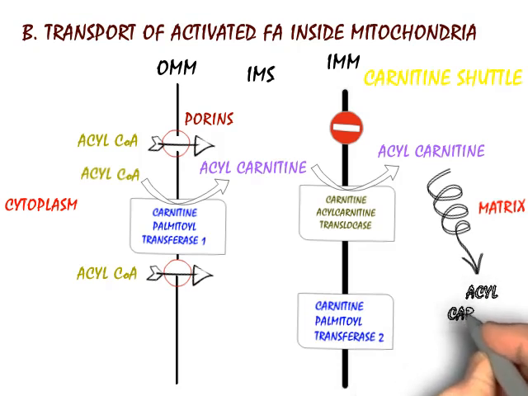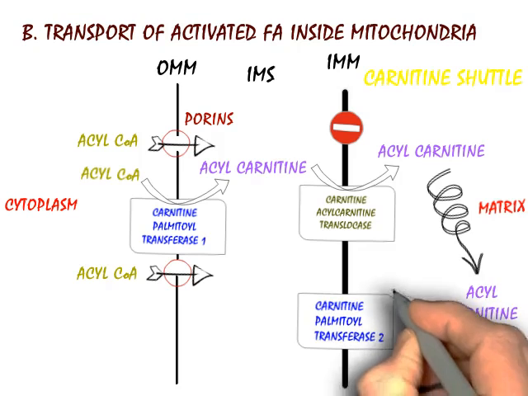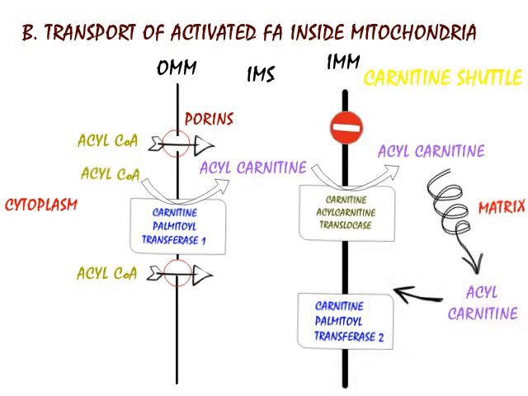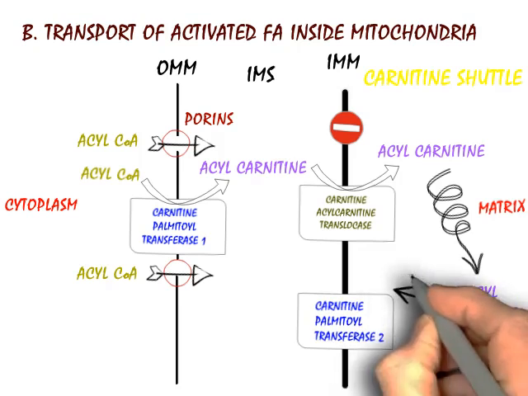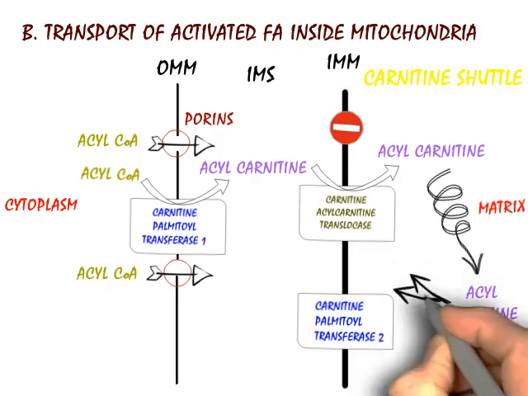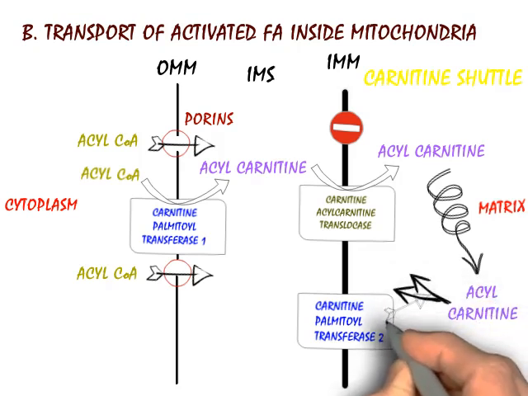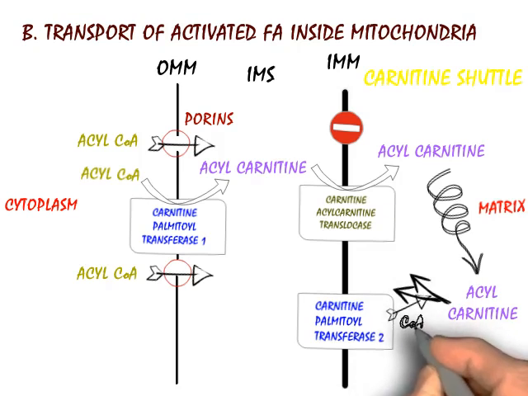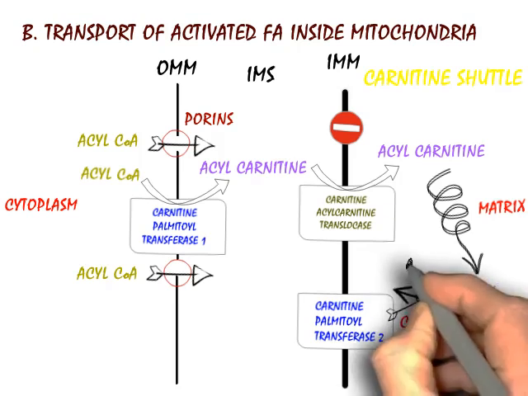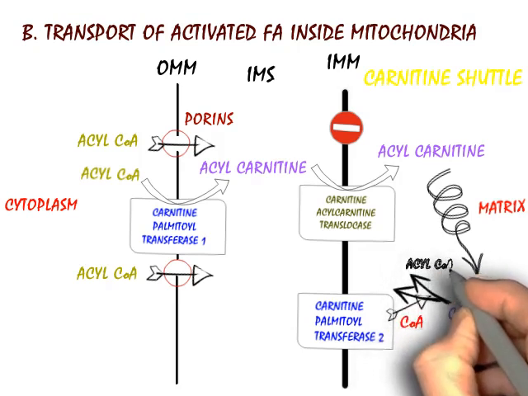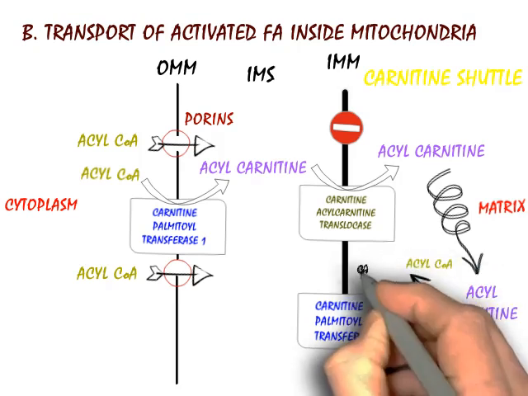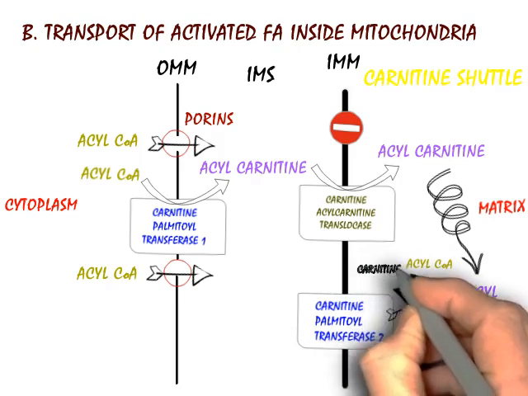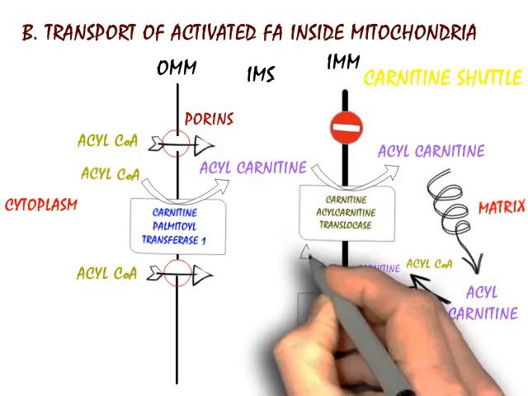The role of this enzyme is that it attaches one molecule of coenzyme A to acyl-carnitine and forms acyl-CoA, and along with the acyl-CoA it also regenerates one molecule of carnitine, and this regenerated carnitine is transferred back into the intermembrane space by the help of acyl-carnitine translocase.